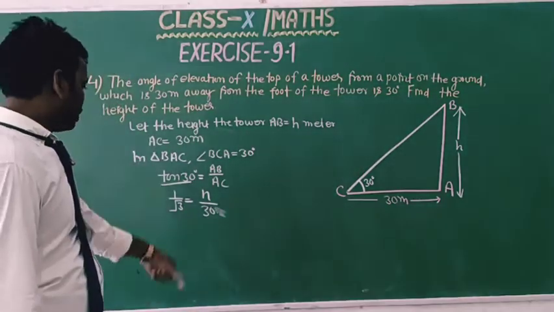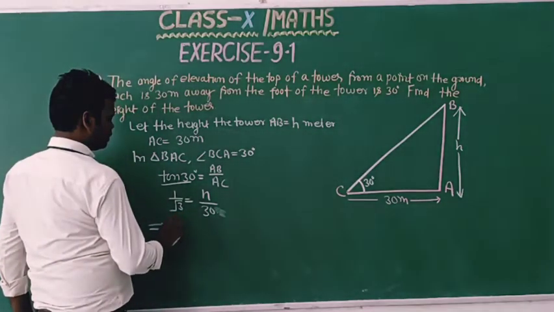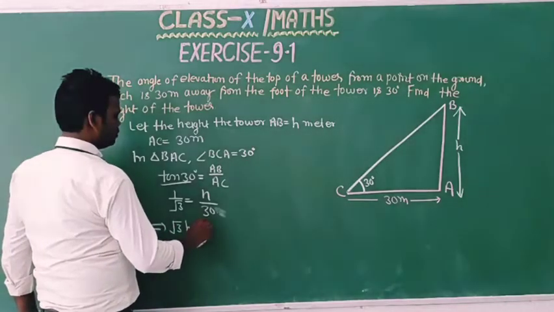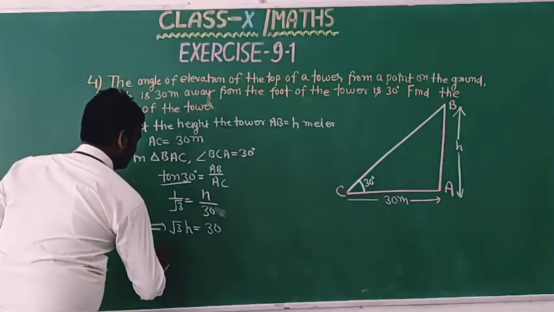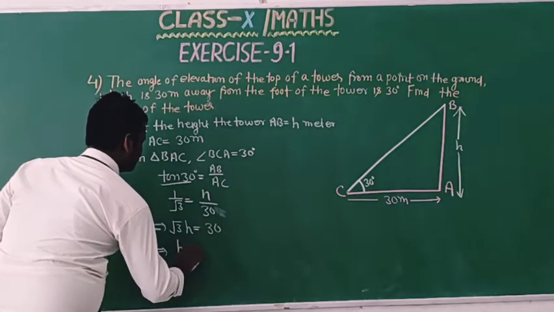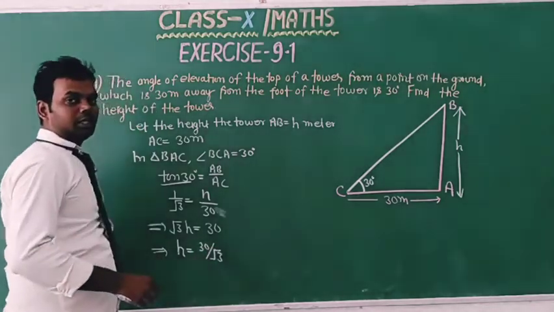Now cross multiply. So this becomes root 3 h equal to 30, and this implies h equal to 30 by root 3.